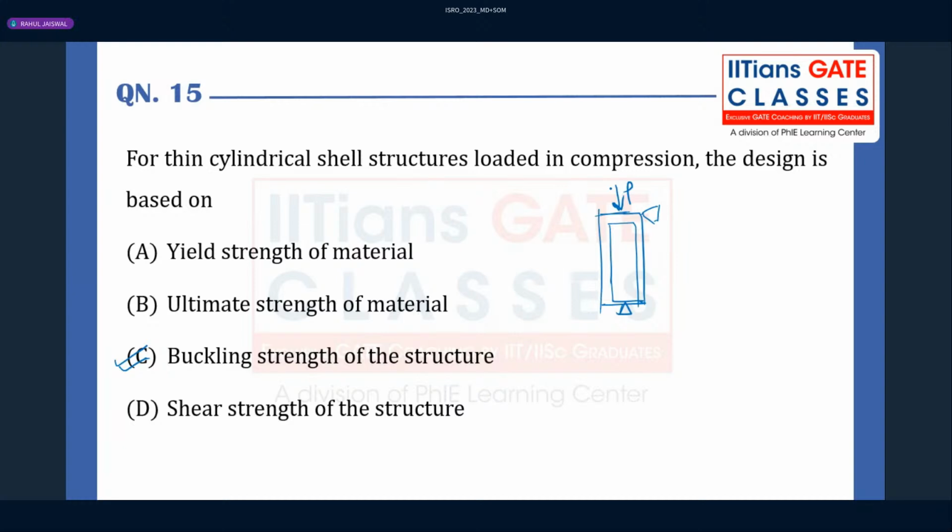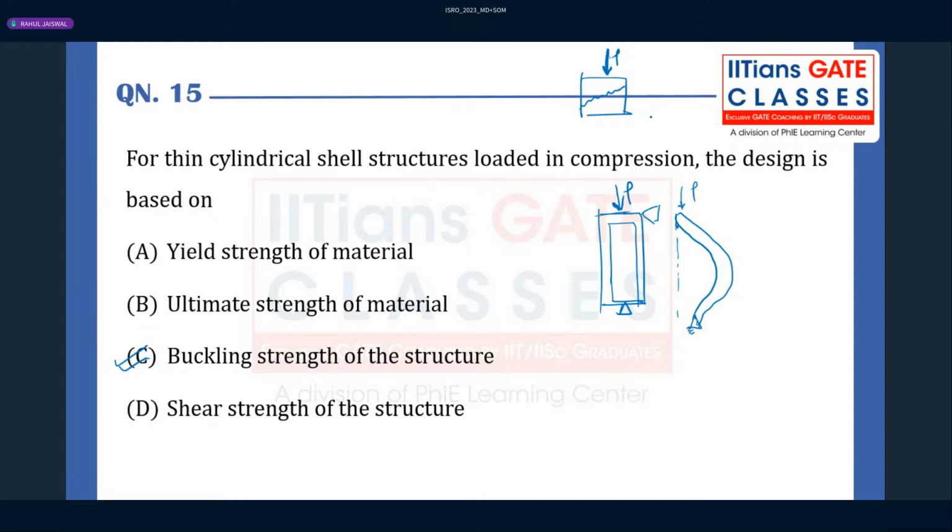There is a difference between crushing and buckling. Here the straight wire may buckle like this with the application of load P. Whereas in crushing, just like a cast iron material, when it is subjected to compressive load, it may crack like this. A glass, when you apply compressive load, will crush.